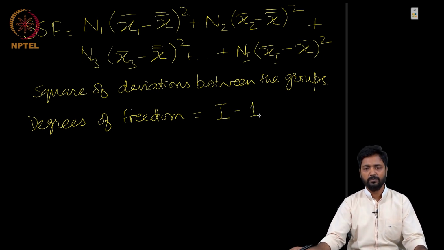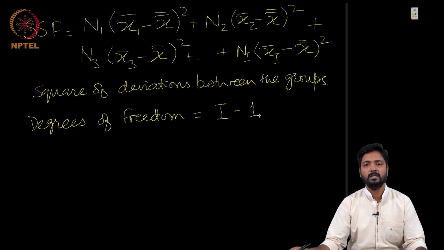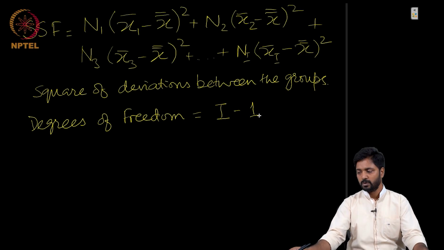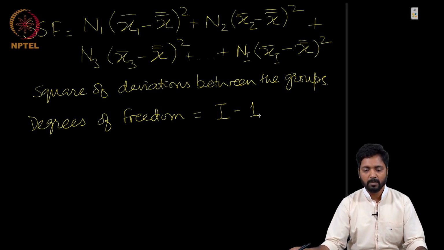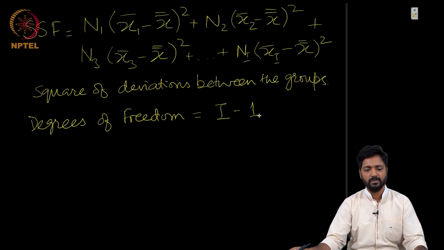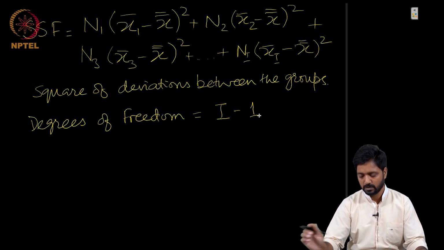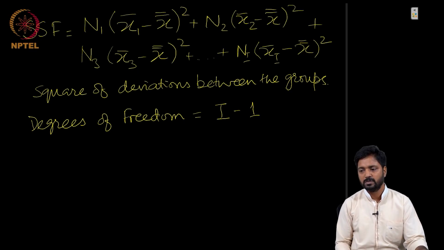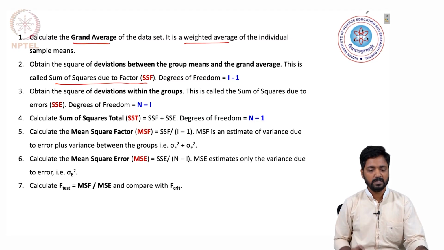So, for example, if we have 5 different samples, the degrees of freedom would be 5 minus 1, which is equal to 4. So, by doing this exercise we will be able to calculate the sum of squares due to factors. Now, let us go back to the desktop and see what we need to do next.